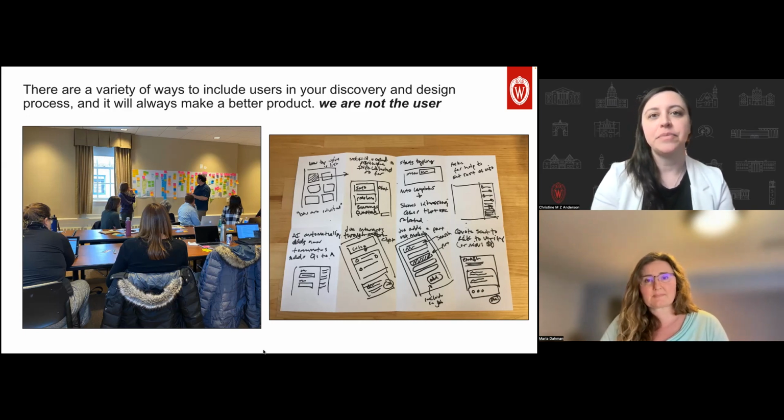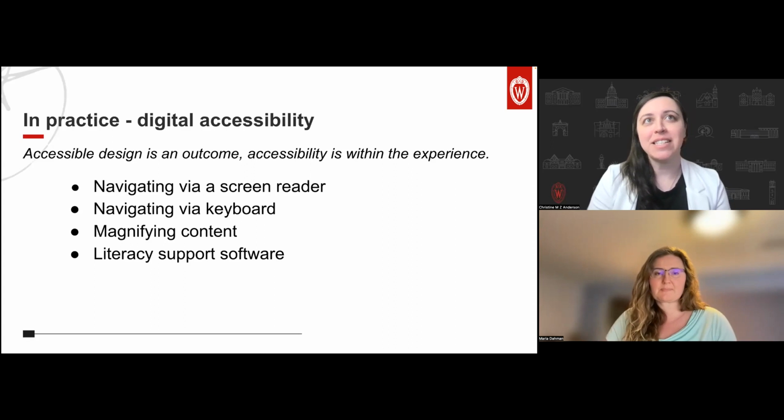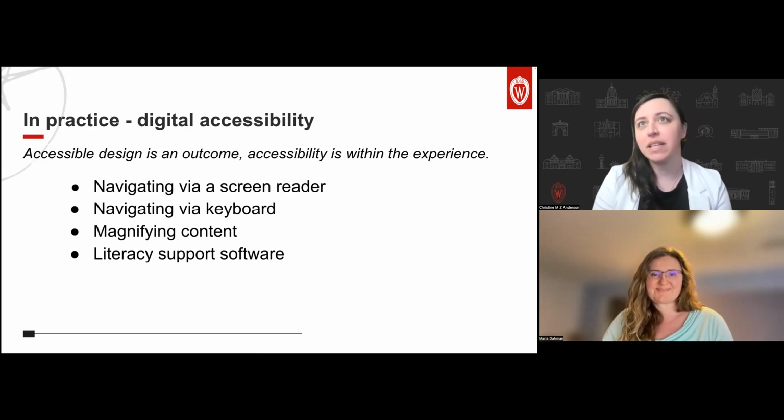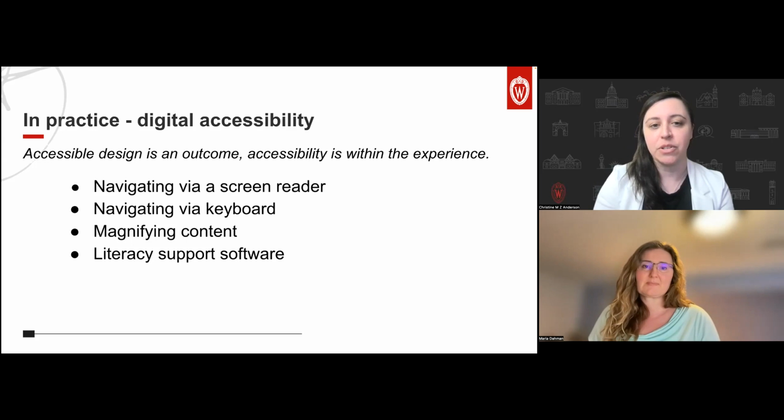The diagram includes several checklists in different areas. So in practice, digital accessibility. Accessible design is an outcome, but accessibility is within the experience. Supporting navigating via screen reader, navigating via keyboard, and magnifying content as a few examples, we can provide a more equitable experience for all users.